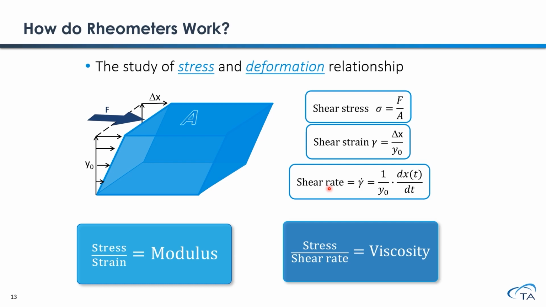From those parameters, you can then further define the material's modulus and viscosity. Modulus is calculated as stress divided by strain, and viscosity is defined as stress divided by shear rate, which is the rate of the deformation.